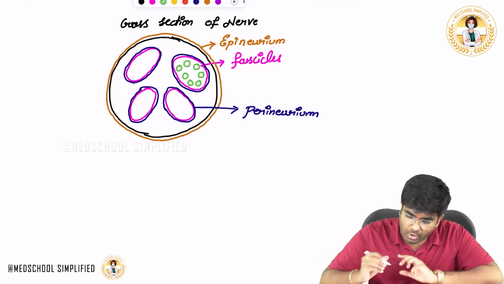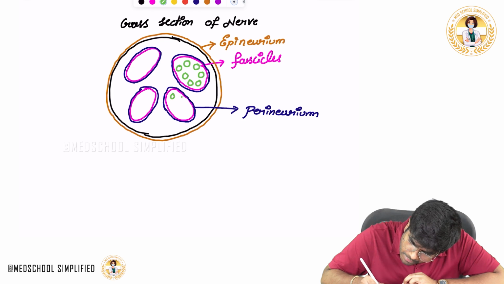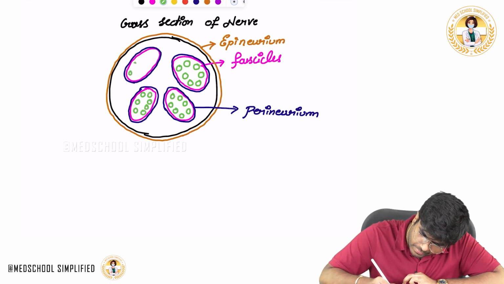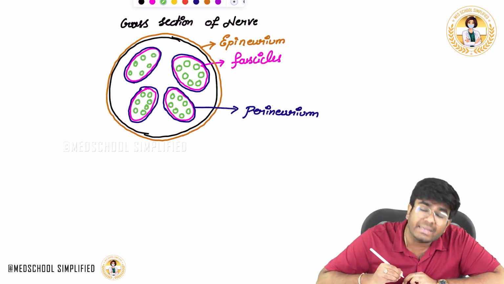So these are multiple neurons present inside one fascicle. Inside one fascicle there are multiple axons of individual neurons present. So this is the basic architecture.